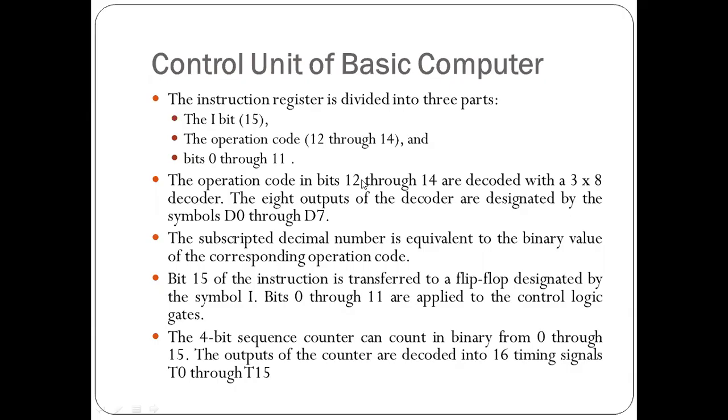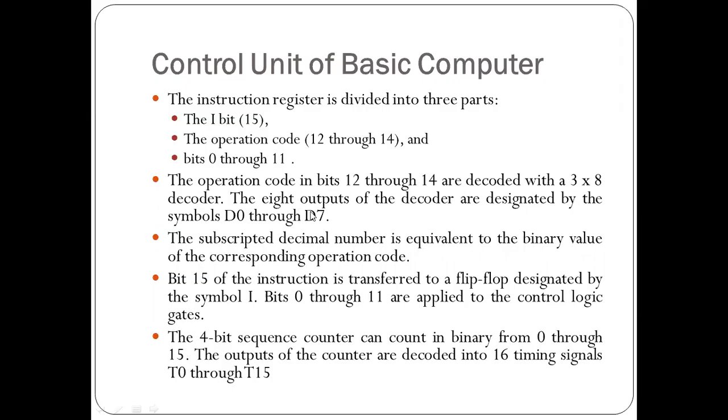The operation code in bits 12 to 14 is decoded with a 3 to 8 decoder. The 8 outputs of the decoder are designated D0 to D7, where the subscripted decimal number is equivalent to the binary value, and bit 15 refers to direct or indirect during memory reference.